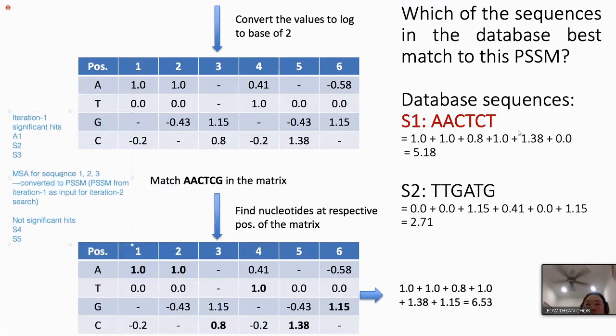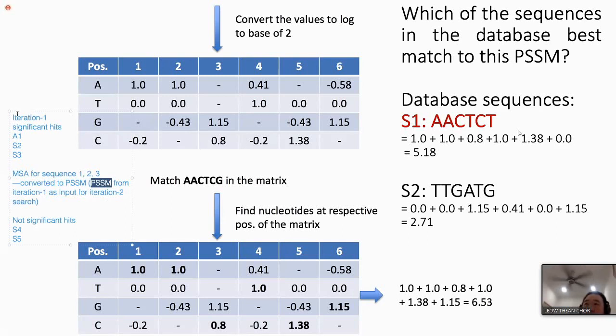Once you get the hits, you perform multiple sequence alignment, and it will be converted into a PSSM. Same thing as what I taught you just now, right? You get the PSSM, and this PSSM will be used as input to perform iteration search number 2.